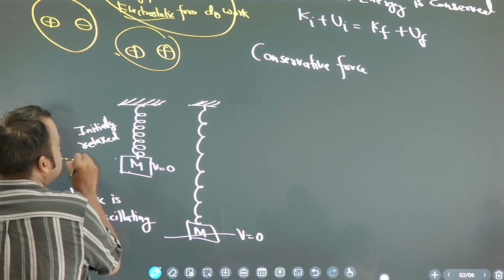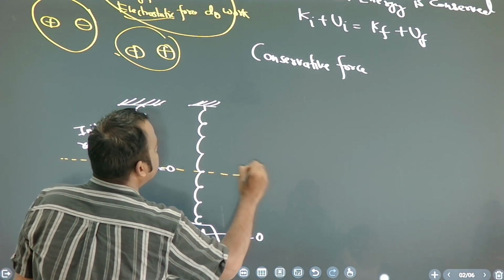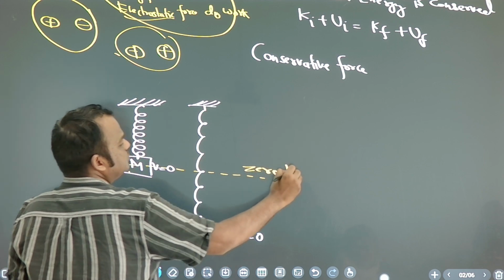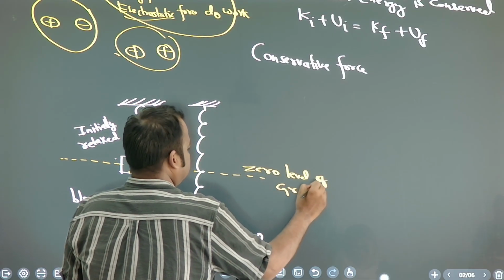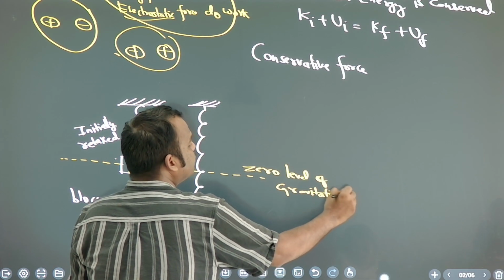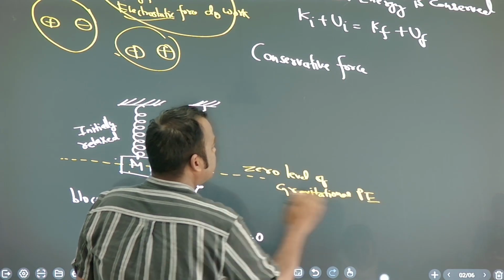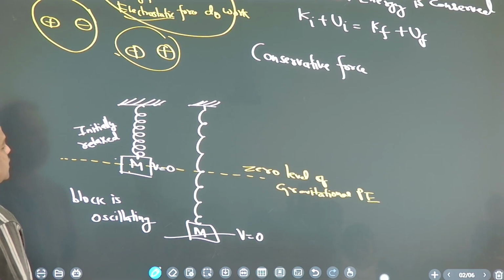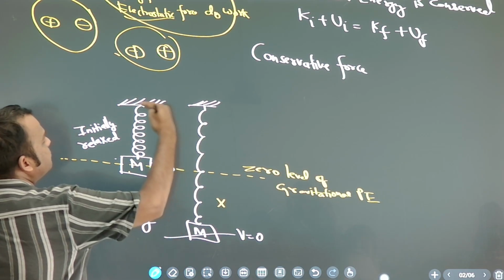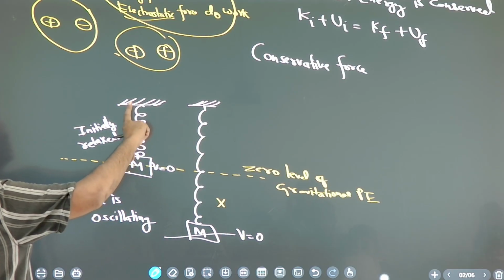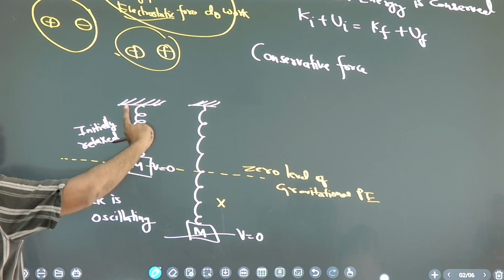You can assume this is the 0 level of gravitational potential energy. Right now, what is the elongation? 0.